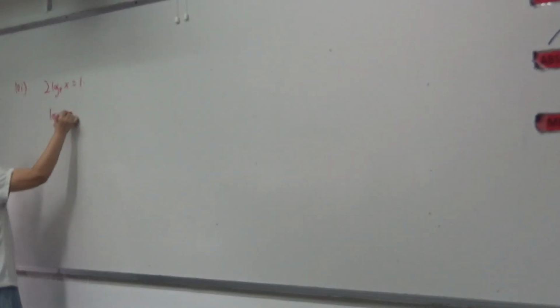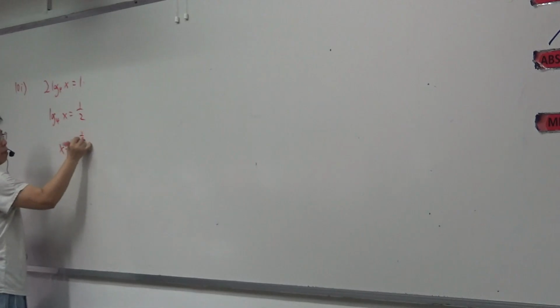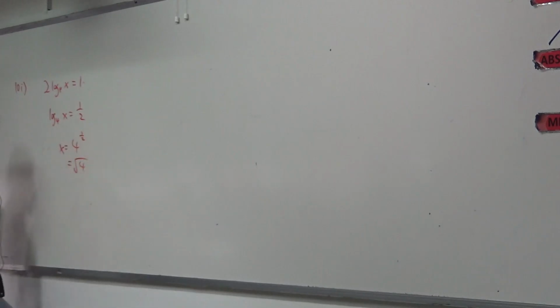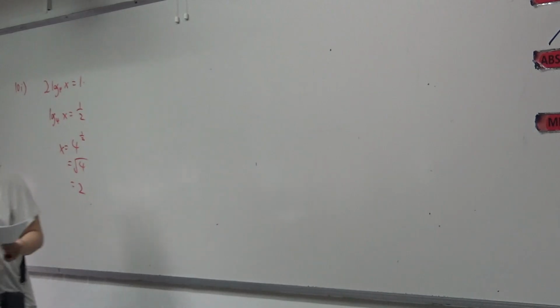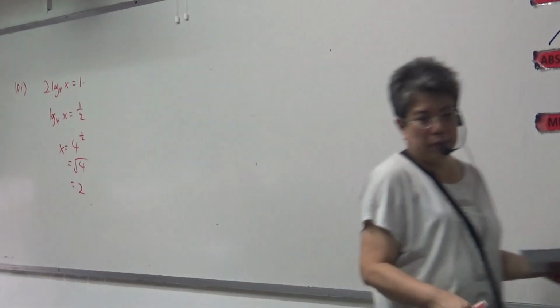This means log 4x equals to half, right? Can you see that? That means x is what? 4 to the power half. 4 to the power half is what? Root 4, right? What's the answer? 2. Can you see that? x is equal to 2. Everybody clear? First part. Can or cannot? Okay, now next part.